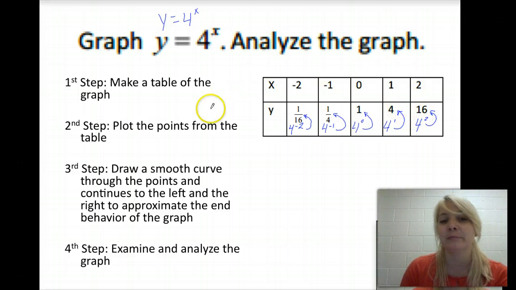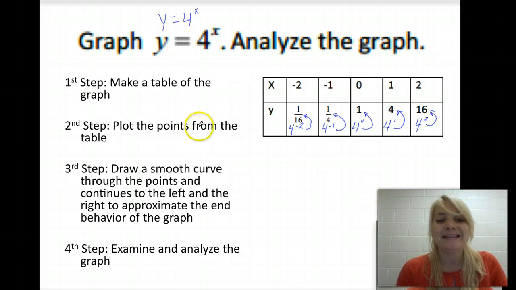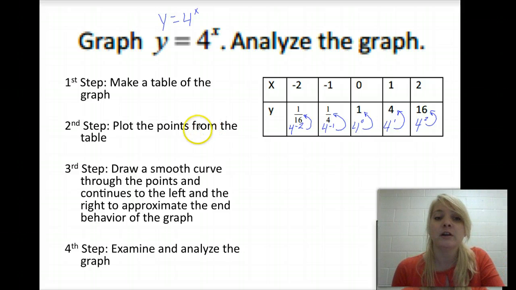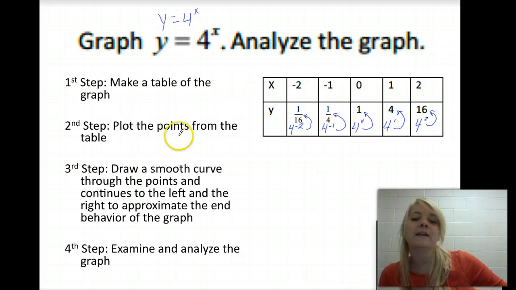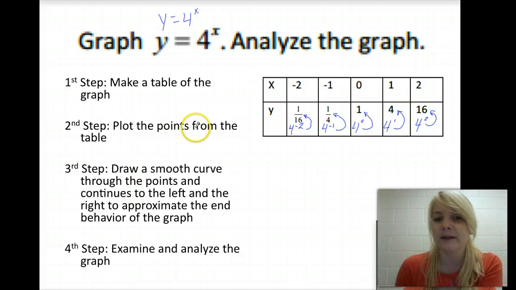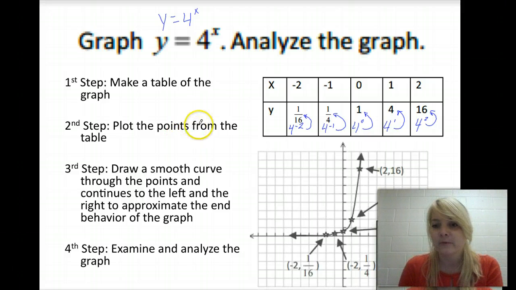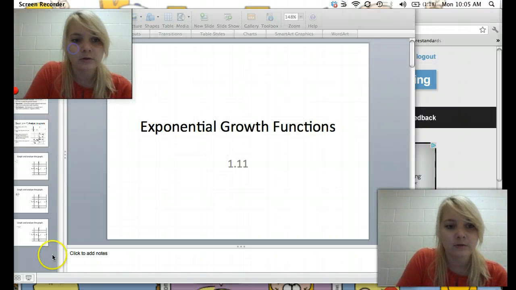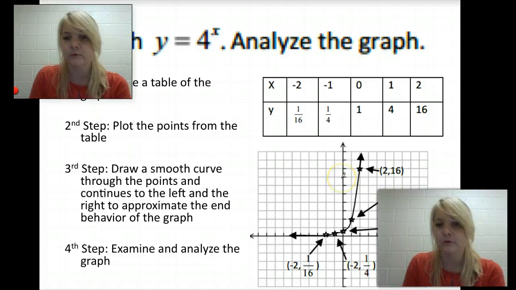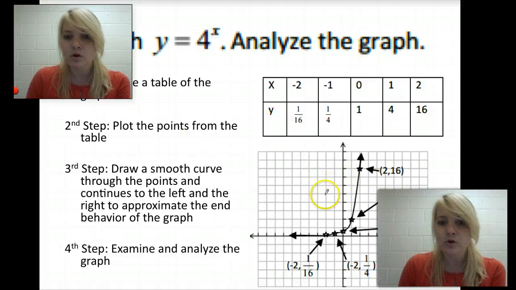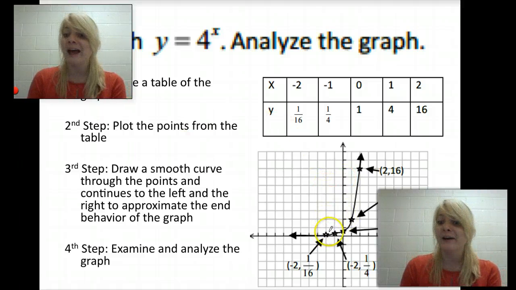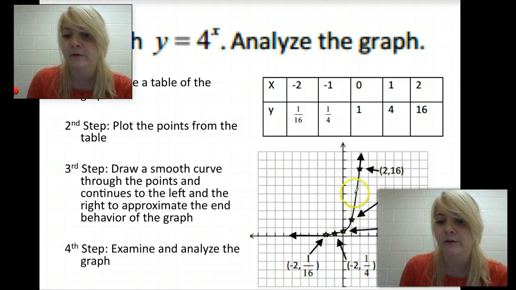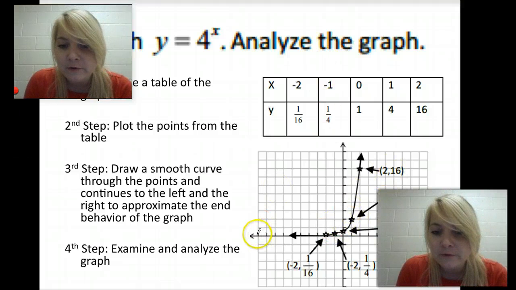Your second step is to plot the points from the table, and then you're going to draw a smooth curve, because these will actually be a curve when we graph that function through the points, continuous to the left and right, and then we're going to approximate the end behavior of the graph. So we have our 5 points graphed, and these are labeled, and then we have a smooth curve.